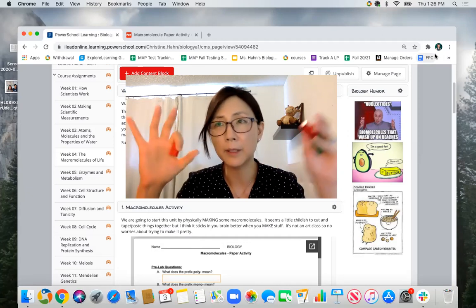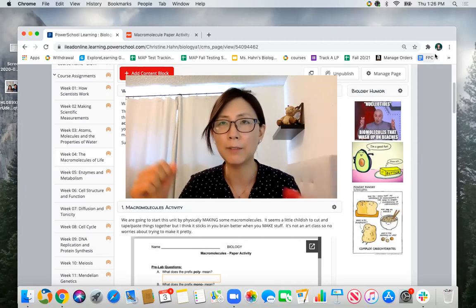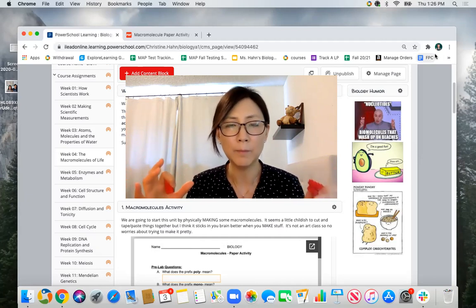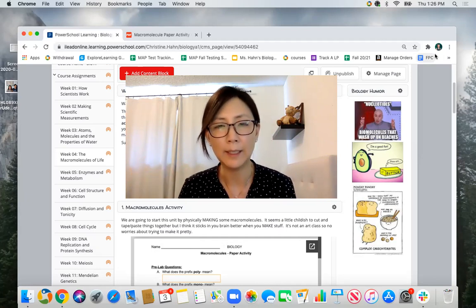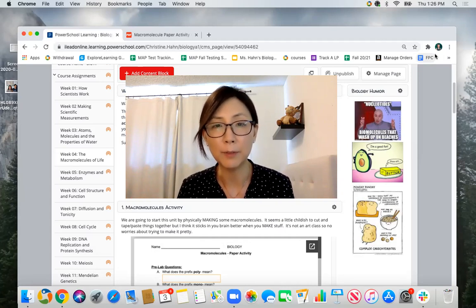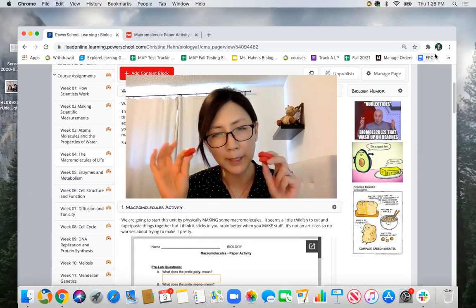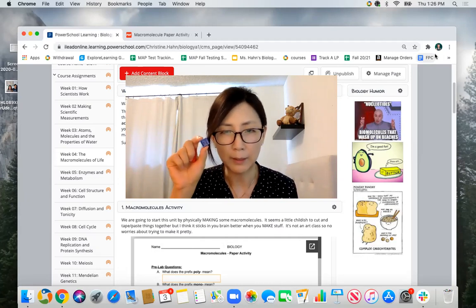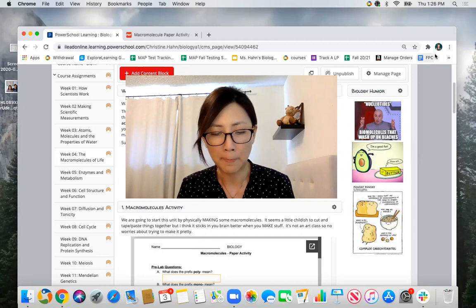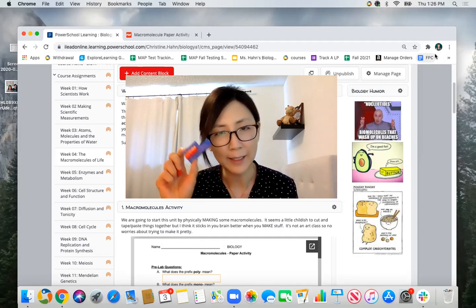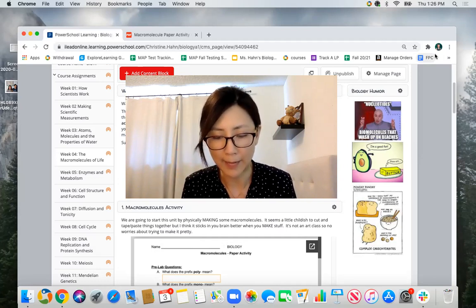Everything, all the hard parts of the car that you're sitting in and driving and holding, that's all protein. The gas is like your carb. The gas is the energy for the car. So protein is like the car or your body, and carbs are what give your body fuel. So if you put too much gas in and you don't burn it up, then it turns to fat.